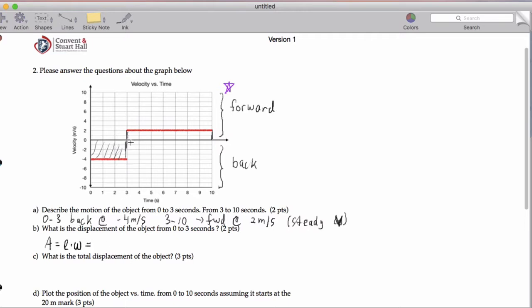Length is -4, and width is 3. So I'm getting 3 times -4, which is -12 meters.